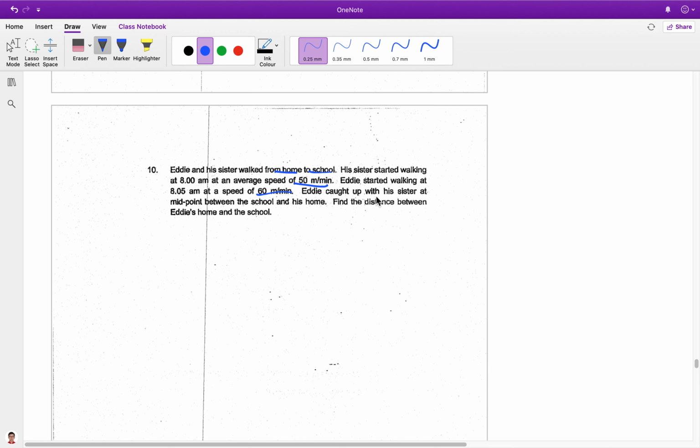Eddie caught up with his sister at midpoint between home and school. So from home to school, at midpoint, they meet with each other, right? Find the distance between this one to this one, right? So this is the catching problem, right? We know that this is half, right?